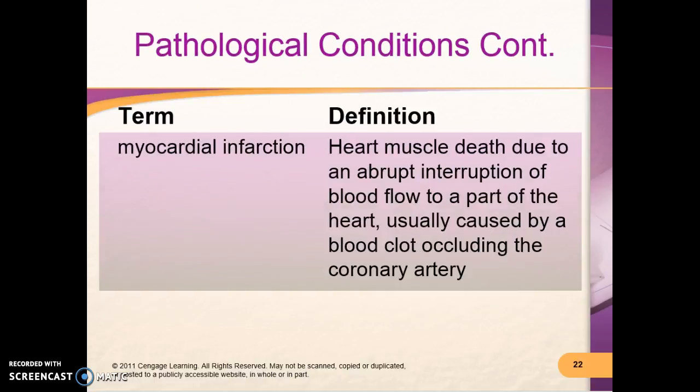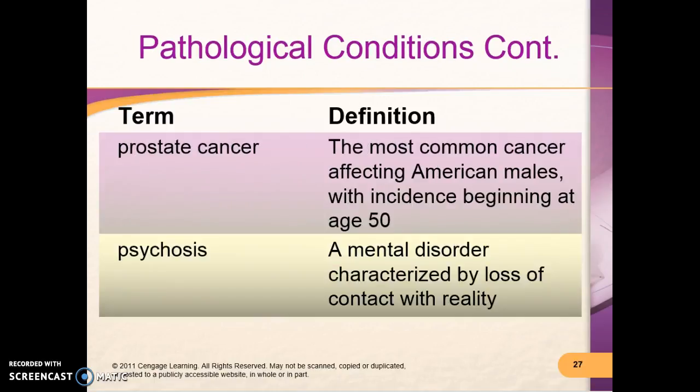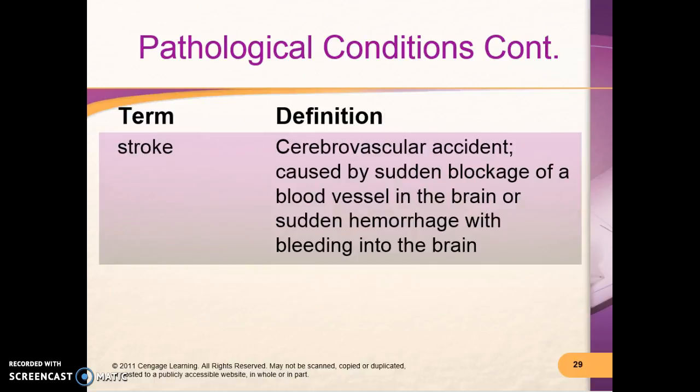An MI is another name for a heart attack. So a myocardial infarction is a heart attack. Let's see, a couple of others. We already talked about prostate cancer. A stroke is another type of problem, and it is a blockage of a blood vessel within the brain.